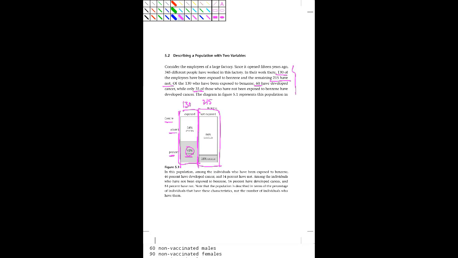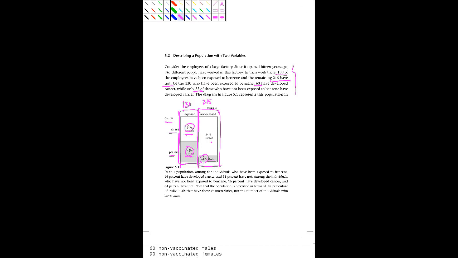So that's 35 of this 215, so that's 16% who have developed cancer. And on the top on both sides, if 60 of 130 have cancer, then 70 of 130 do not have cancer, so that's going to work out to 54%.